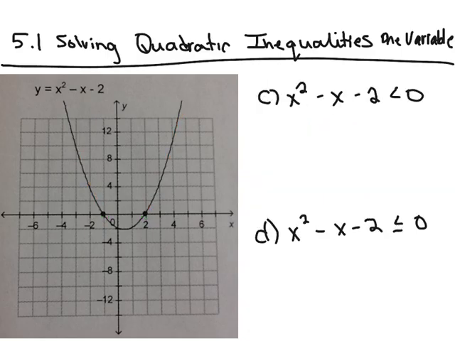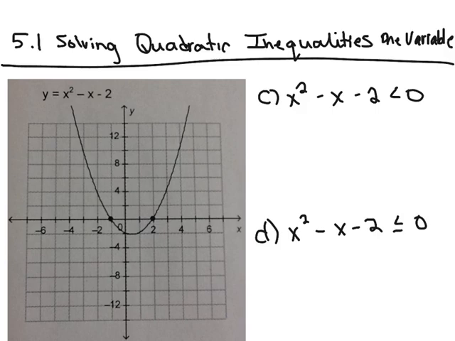For x squared minus x minus 2 is less than 0, we want to find all of our values less. So when we do it on our number line, we want to know not including -1 and 2, but everything in between.